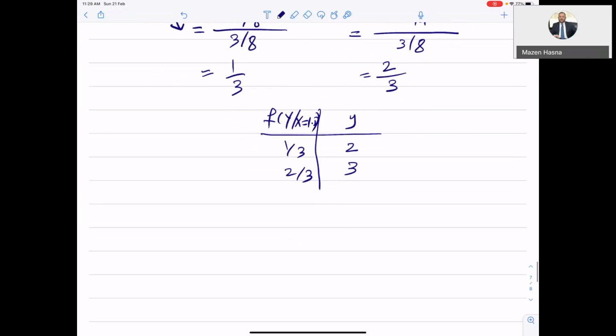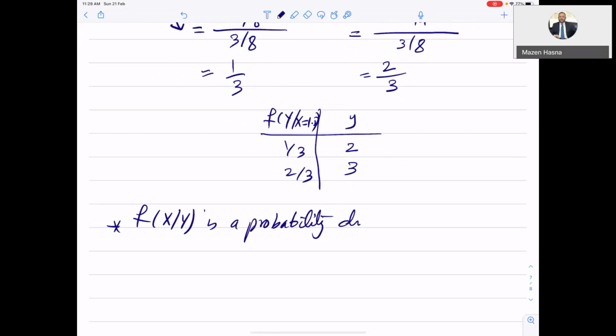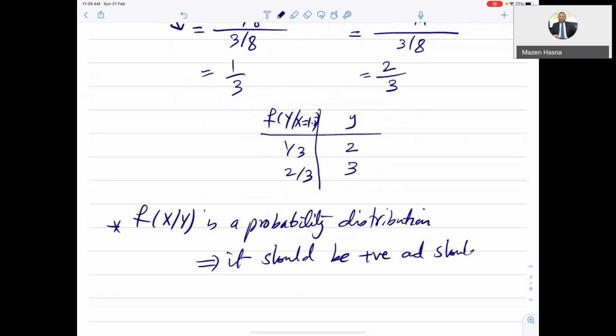Why? Because the conditional distribution is a probability distribution, which means it should be positive and should add to 1.